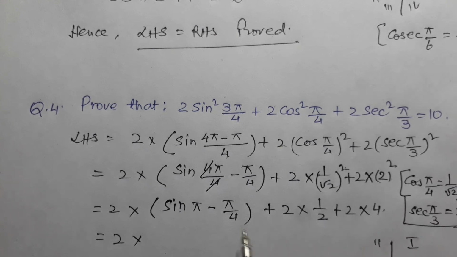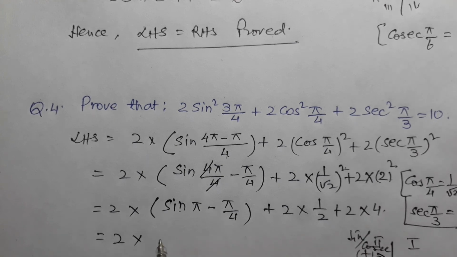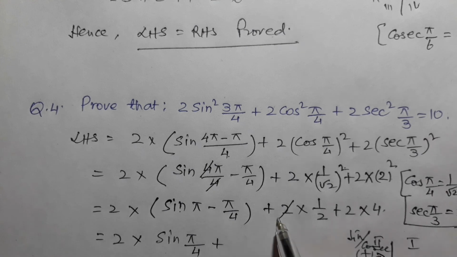So this is pi, and minus pi by 4, so minus will be in clockwise direction, and pi by 4 will fall in second quadrant, and in second quadrant sine and cosec value is always positive, so it will be positive. So we shall write here sine pi by 4 plus this 2 and this 2 will be cancelled, 1 and 2 and 4 8.